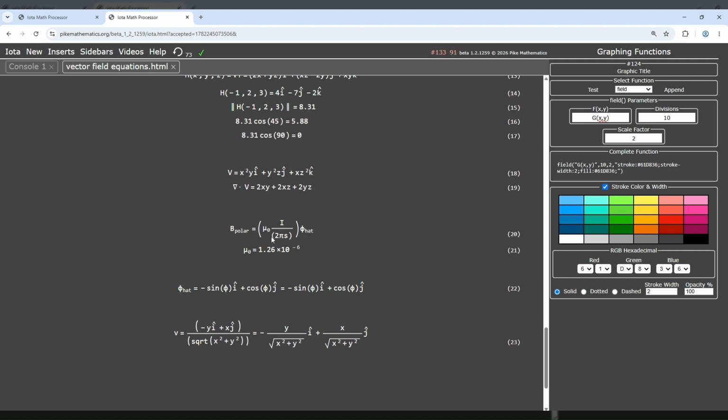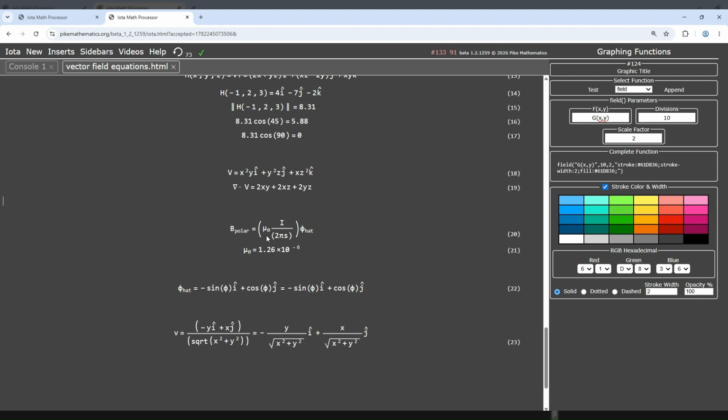The I here is a constant, so the current's constant. 2 pi is a constant. Mu naught is the permeability constant. The only thing here that isn't a constant is s. That's the distance from the wire, and it's equal to the square root of x squared plus y squared.